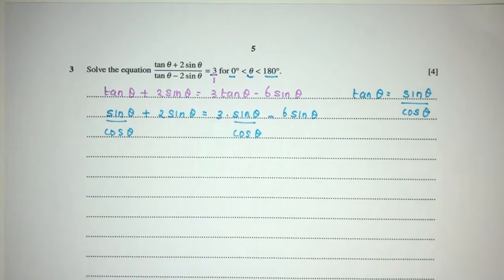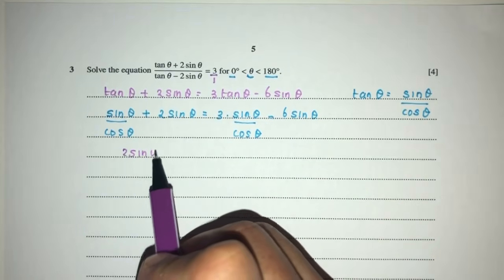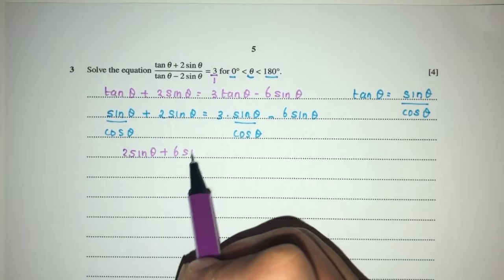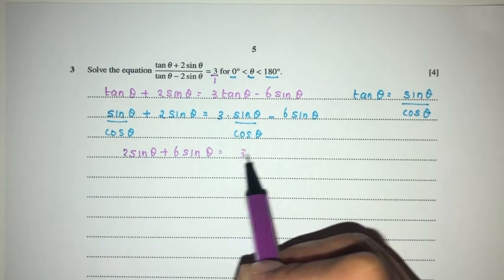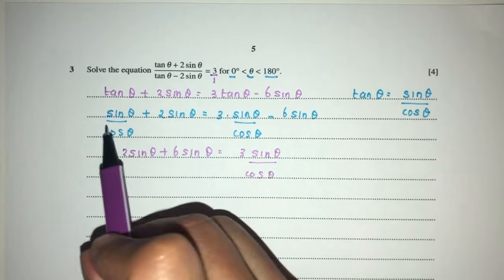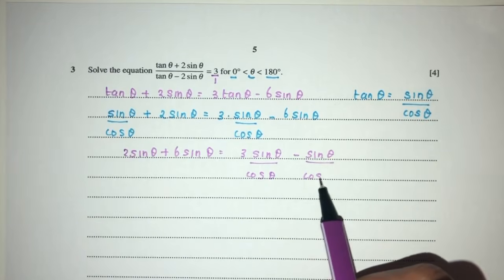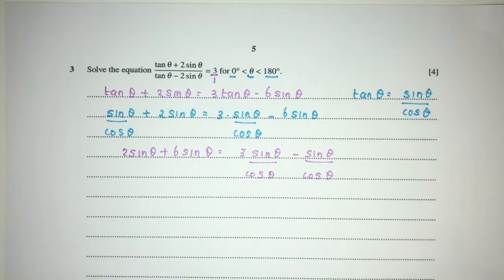Okay, so in this case, let me send this one over here. You will have 2 sine theta plus 6 sine theta, and I will send the other one to this side, so we have the same base on each side. That will become minus sine over cos theta. Let's try to simplify to see what happens.